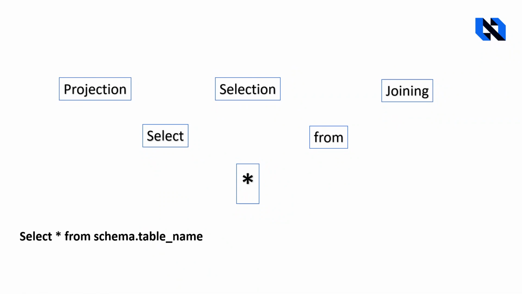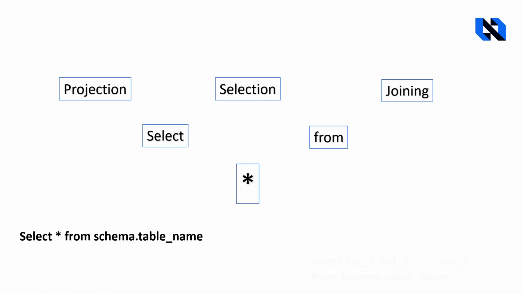If I wanted to write an SQL query for that, I would say select star from HR dot employee, HR being the schema, employee being the table. So when getting data from Microsoft SQL Server, you need to use the schema table naming convention separated by a dot.